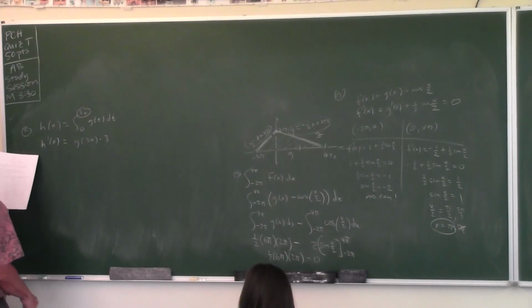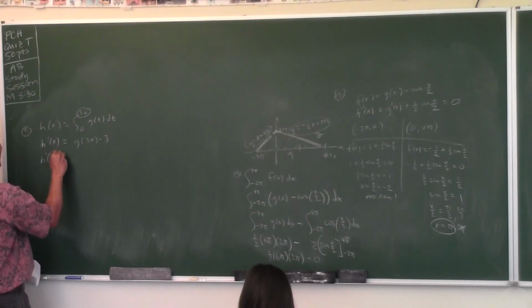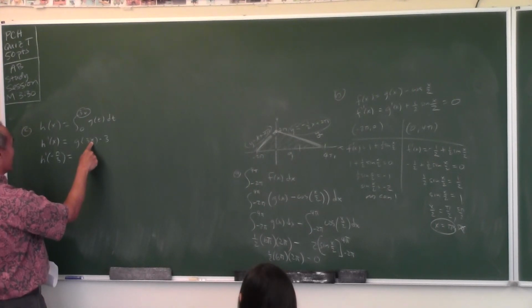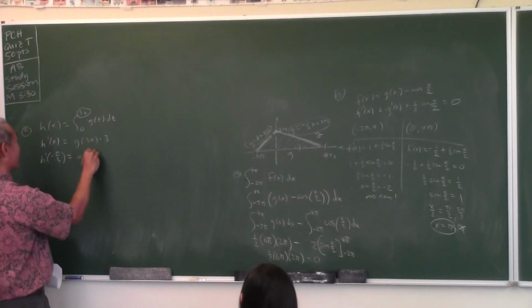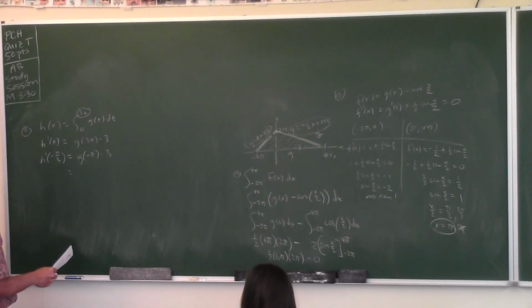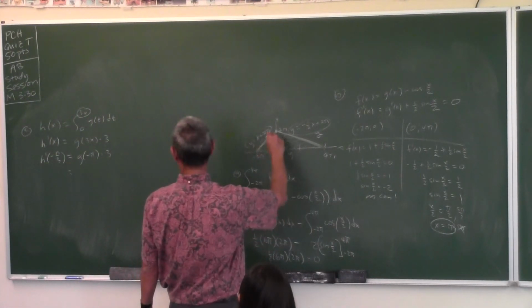Okay? And then all you gotta do is plug in negative pi over 3. So what happens if I plug in negative pi over 3 there? You get negative pi times 3. So all we have to do now is compute g of negative pi. Well, this is the graph of g here.